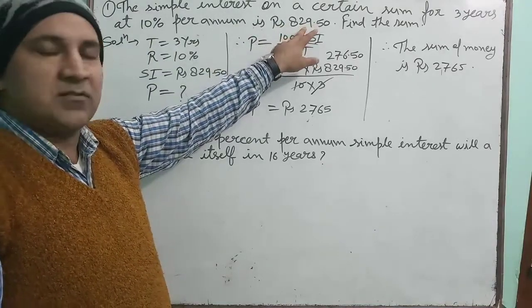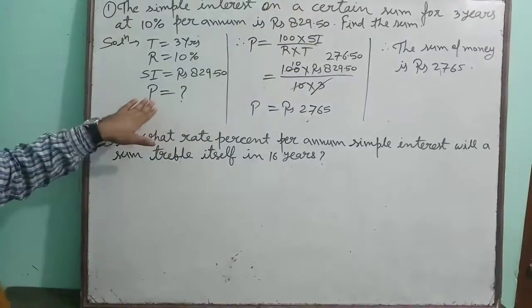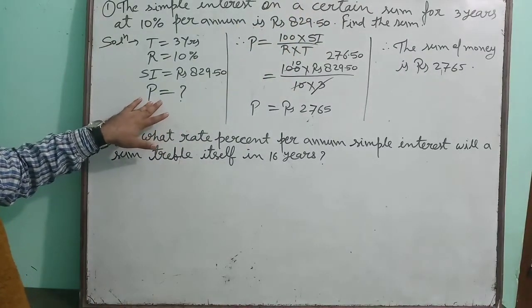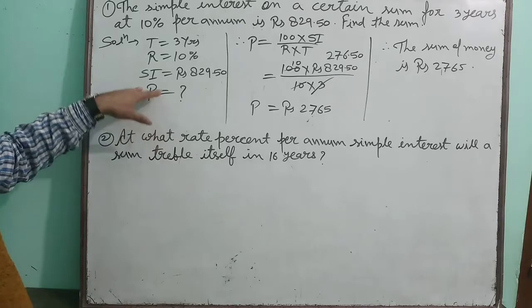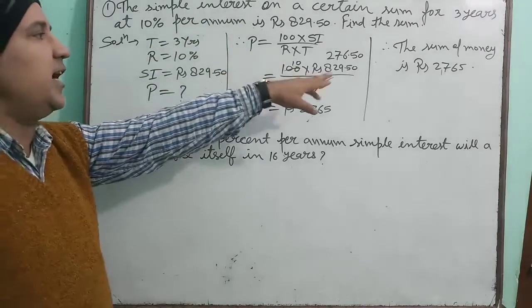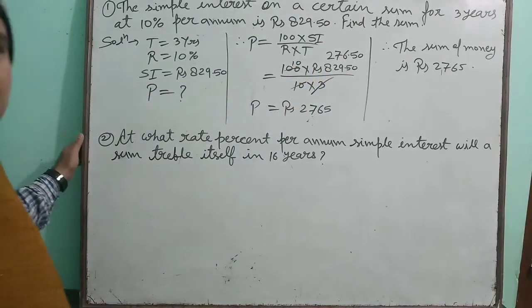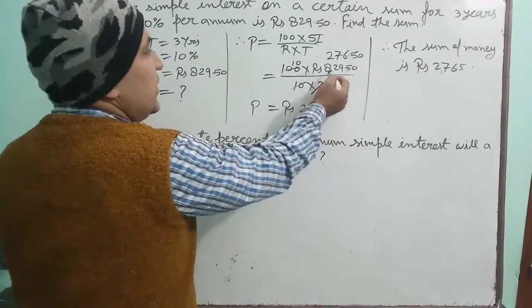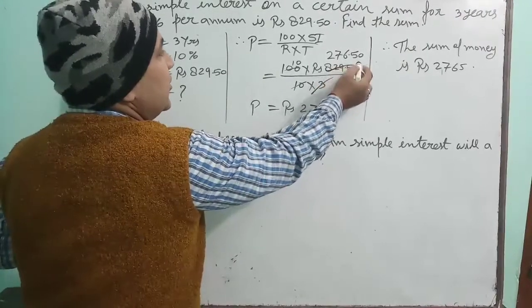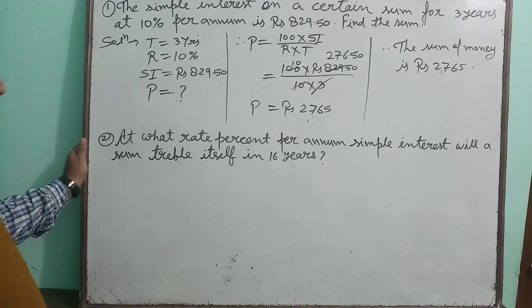This is the simple interest. On a certain sum, so the sum we are taking as P because that is the principal amount. After putting the values in the formula for principal amount, we have got rupees 2,765 as the principal amount. 3 divides 829.50, then we are getting 276.50.